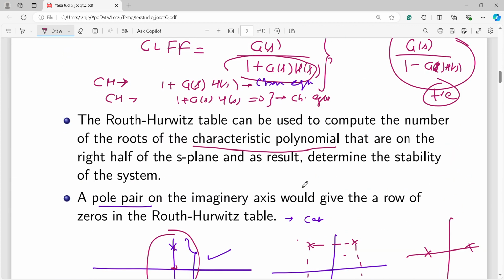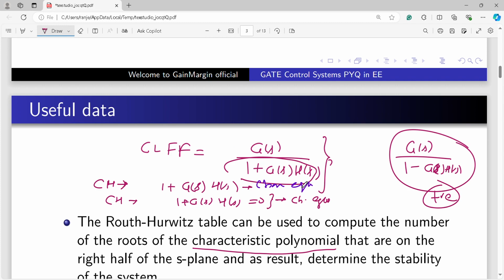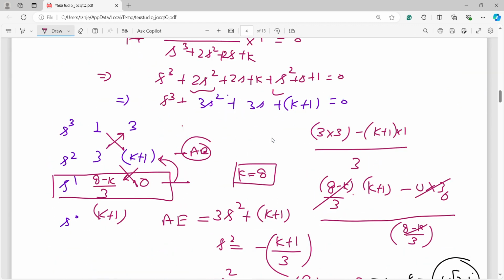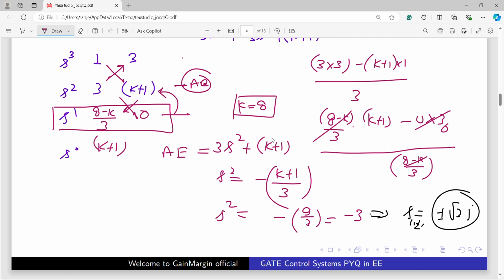And one more thing, this question was very simple. They can also ask for what range of k, the maximum value of k, for which the system is stable. So here, as we know, k plus 1 should be greater than 0. So k greater than minus 1.